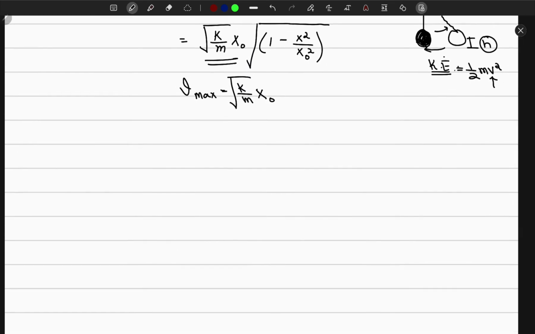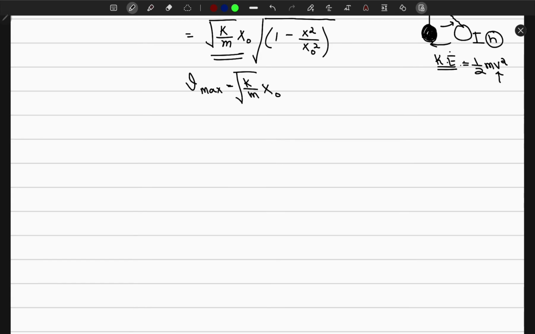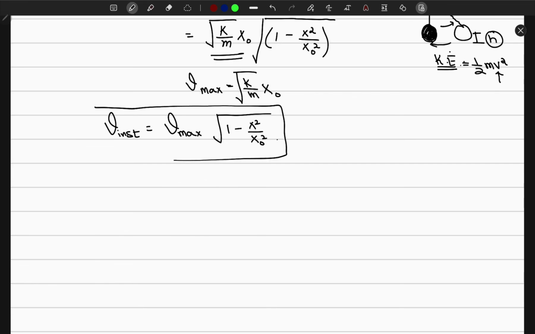Now, what you can do is define the instantaneous velocity simply as the maximum velocity times the square root of 1 minus x squared over x naught squared.